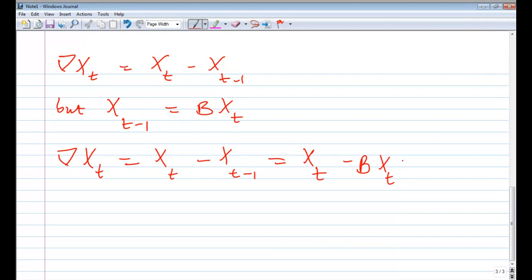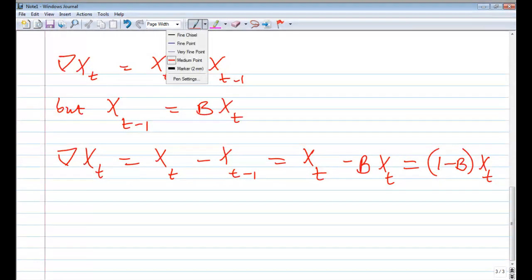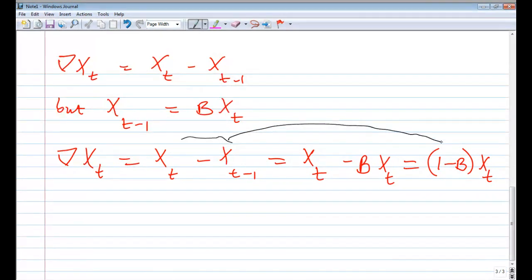Are we together? This is equivalent to 1 minus b xt.